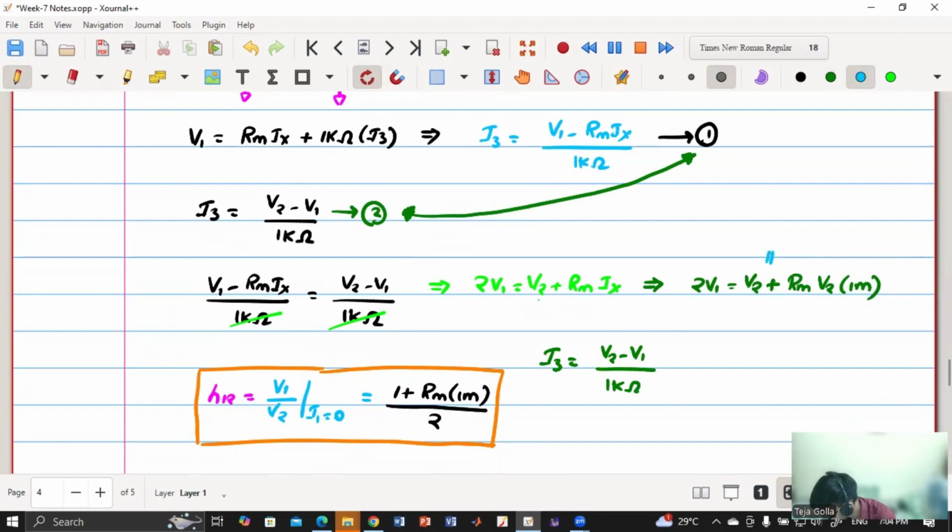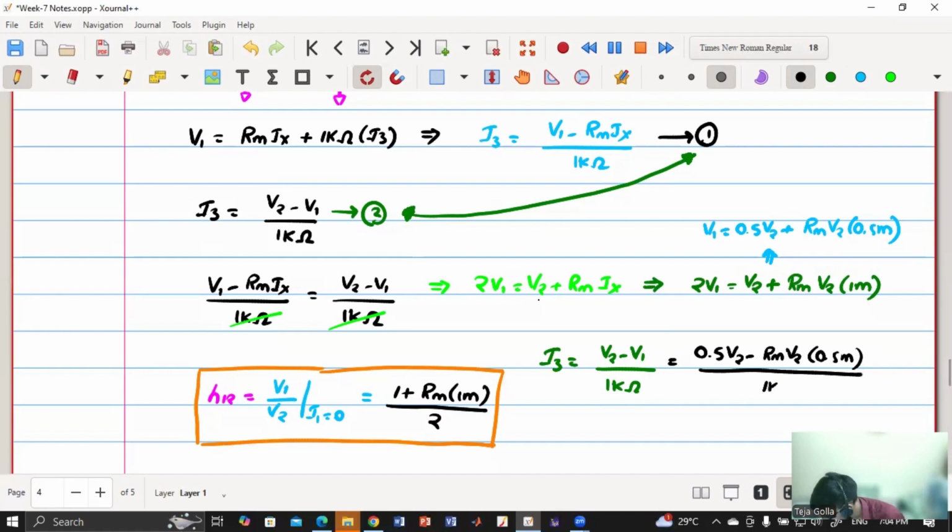If I calculate my V1 over here, V1 is nothing but 0.5 V2 plus Rm V2 into 0.5 milli. If I substitute that, what will I be getting here? I'll get 0.5 V2 minus Rm V2 into 0.5 milli by 1 kilo ohm.